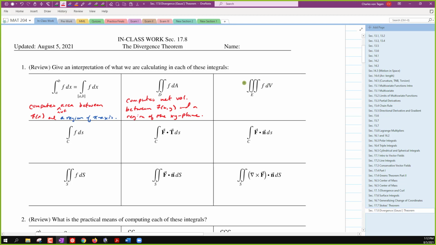So this third integral, it really is too difficult for us to visualize, but it computes the volume, which we don't really have a word for, between f of x, y, z and the region E in R3.